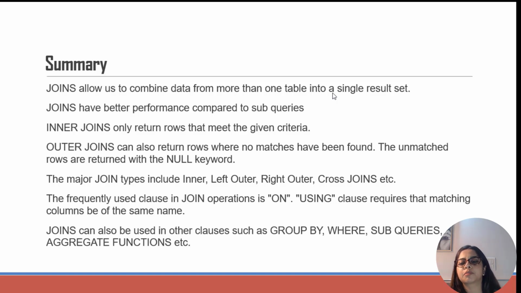The major join types include inner, left, right, cross, etc. Frequently used join operations are on, and using is also used, so we can use using instead of on. A join can also be used in other clauses such as group by, where, subqueries, aggregate functions. So we can use joins along with them also.